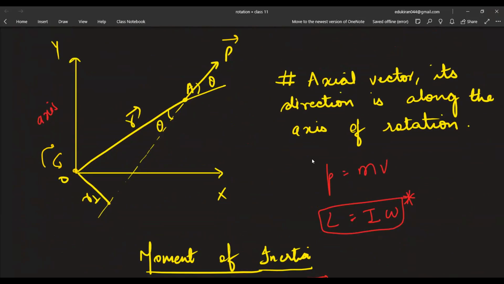This is left. Yes, Sabiha, what is the formula of moment of inertia? Sabiha, your answer. Other students have answered also.